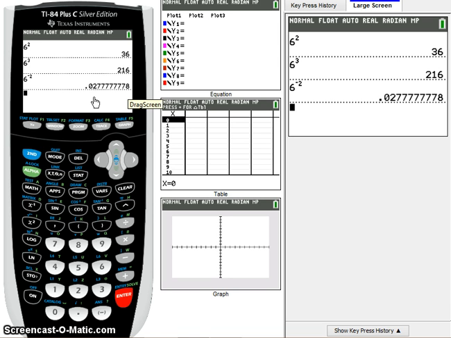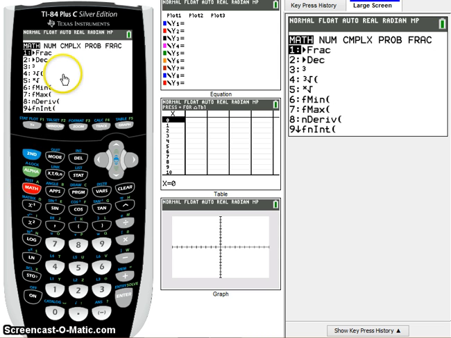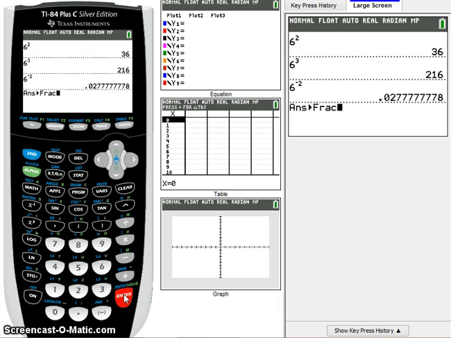Now, let's see if we in fact did get 1 over 36. And the way to do that is to go over here to Math. And you see the word frac up here for fraction. Now, I'm going to hit enter to call up that little function. And then I'm going to take this answer here and turn it into a fraction by hitting enter a second time.